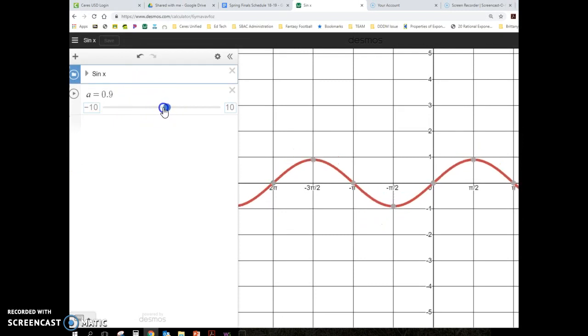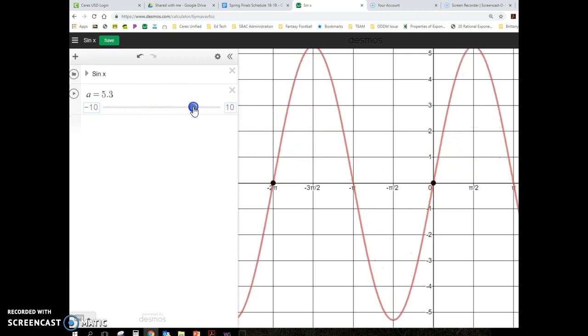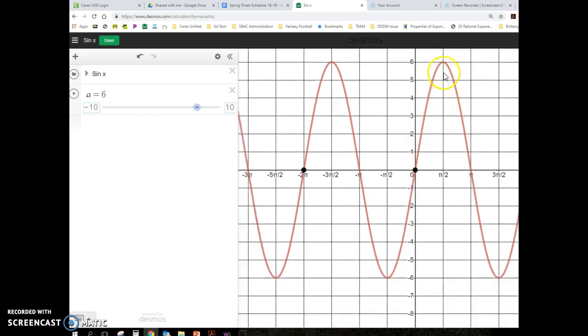So here is your parent function, and watch what happens to the maximums and the minimums as I stretch this. If I go to 2, notice now my maximum's at 2, minimum's at -2. If I go up to 6, now I have maximums and minimums at 6 and -6. So that's amplitude. It's the a value in front.